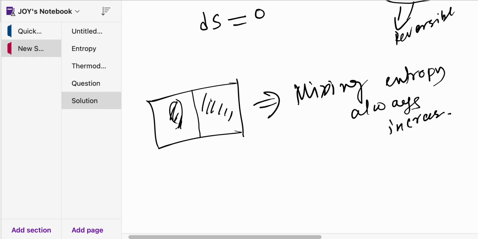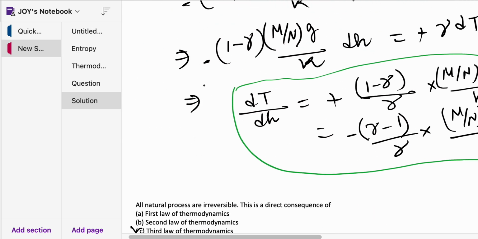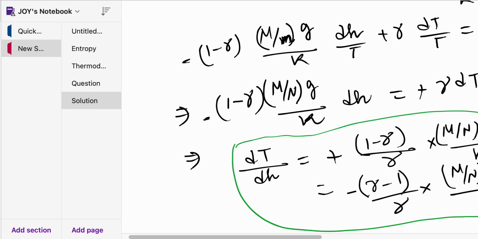But if I just remove this imaginary wall, the system remains the same, so the entropy should not increase by the same amount. This poses a paradox, which is called the Gibbs paradox. Now let's move to the next question.